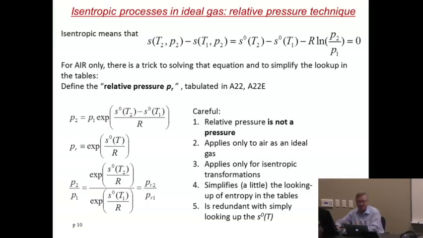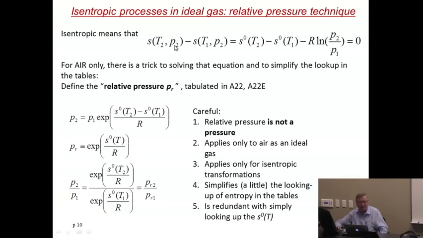We saw this before when we introduced isentropic transformations for ideal gases, but I'll go over it again. So the isentropic transformation between 1 and 2 means that the entropy at point 2 and the entropy at point 1 are the same. Well, we know that entropy in an ideal gas depends on temperature and on pressure.